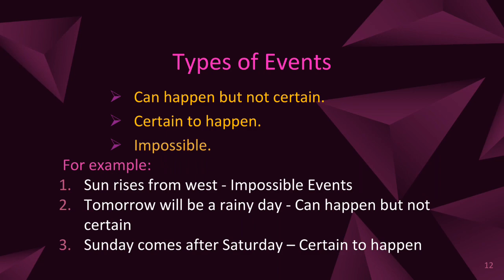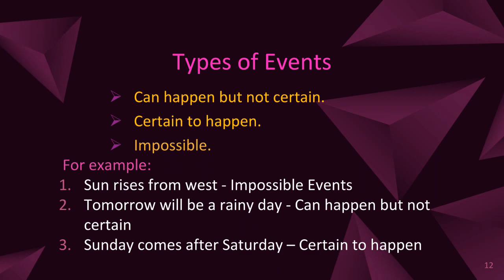So, it is concluded that this event can happen but not certain. Next, third one, Sunday comes after Saturday. We know it. Sunday comes after Saturday. It's a confirmed thing. So, this event comes under certain to happen events.